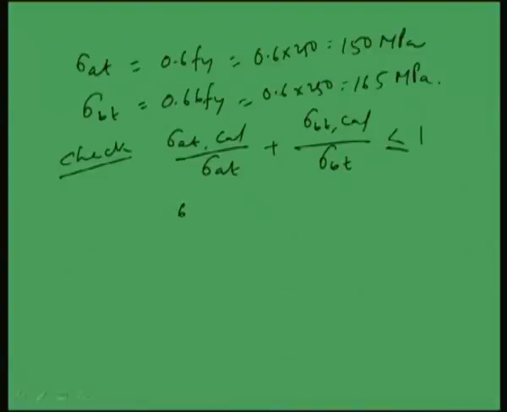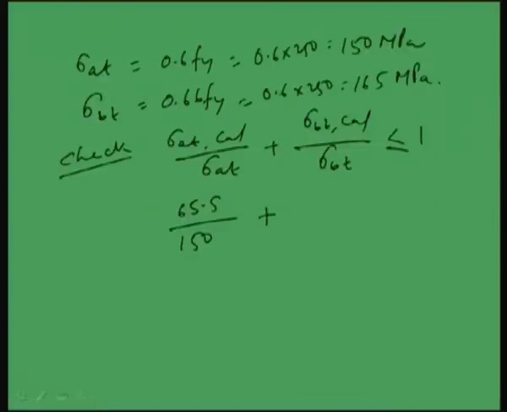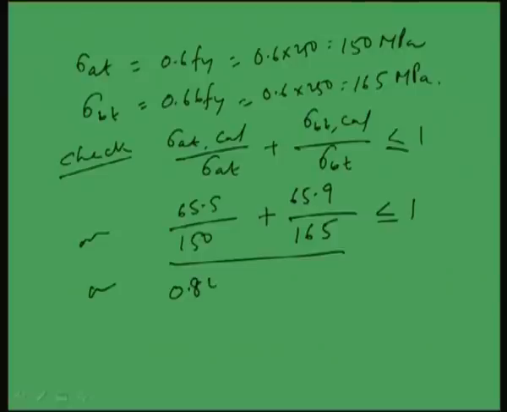So 65.5 by the sigma at permissible value of 150, and sigma bt calculated is 65.9 MPa, so 65.9 by 165. If I calculate this, it is coming 0.84, which is less than or equal to 1.